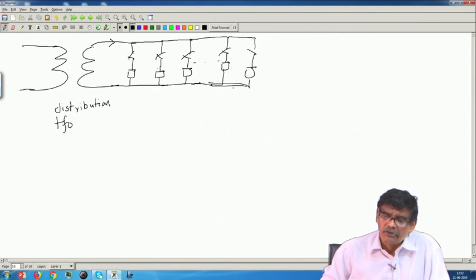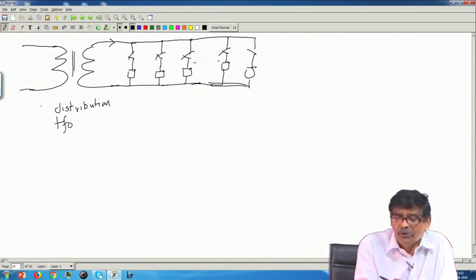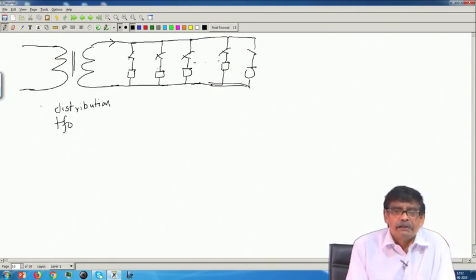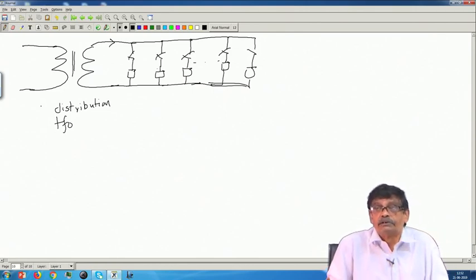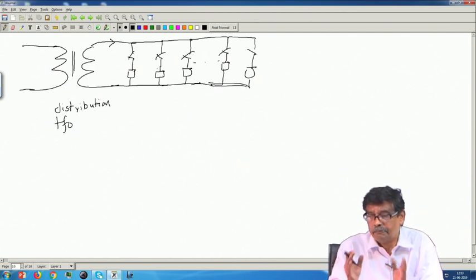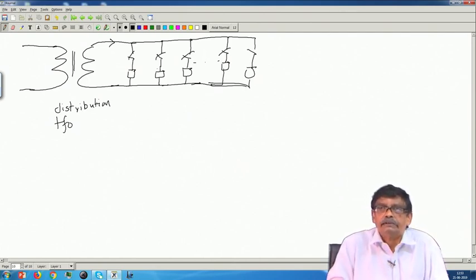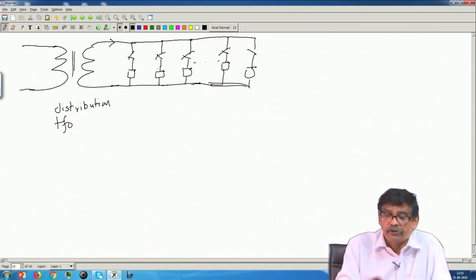So, there will be a variation of load, and there is no point in demanding maximum power efficiency for this transformer at x equal to 1, because full load condition will occur only at some points of time over a certain period, but certainly not for 24 hours. That must be understood before I calculate.